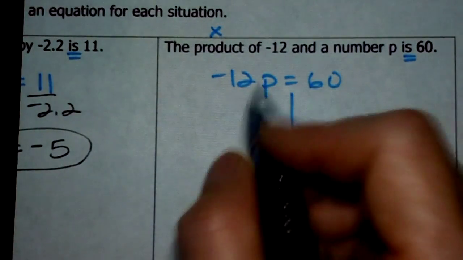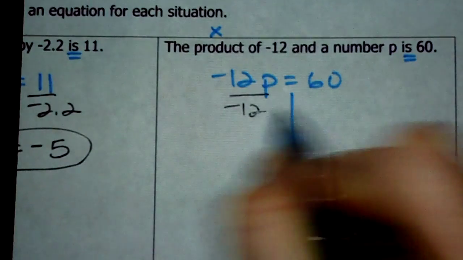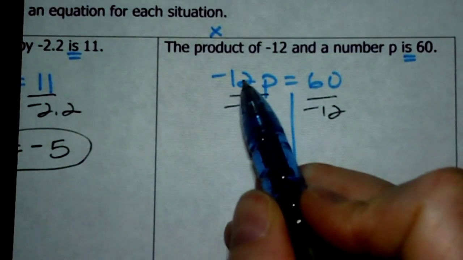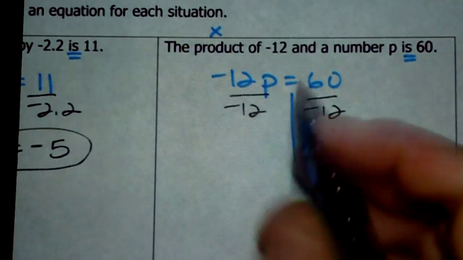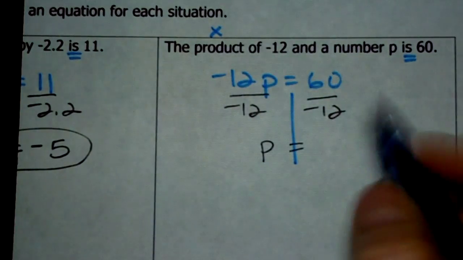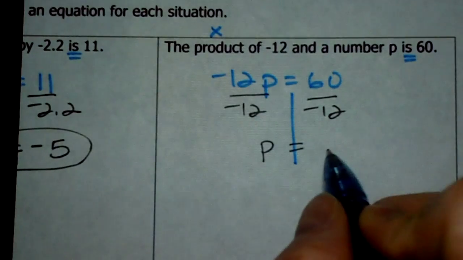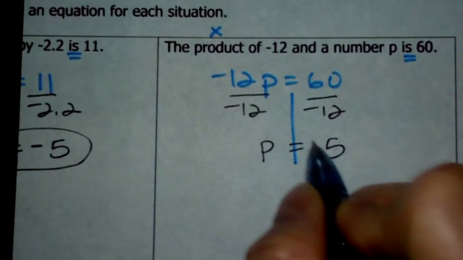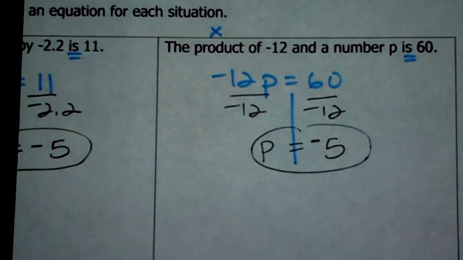In order to isolate the p, you need to divide by negative 12, because negative 12 divided by negative 12 is 1. 1p is p. And 60 divided by negative 12, well, 60 divided by 12 is 5, and a positive divided by a negative is a negative. So they're both negative 5. I don't even think I did that on purpose. It just happened. It's crazy.